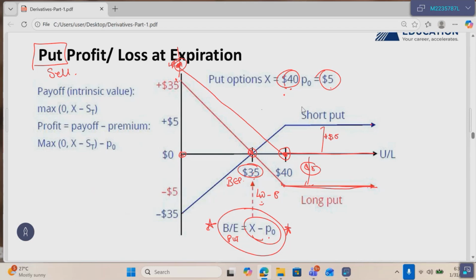Here, same formula. Payoff is what? The difference with the stock price, only till it's positive. Here, profit is again the same: payoff minus the premium. So call and put have completely different diagrams. Are we clear then?